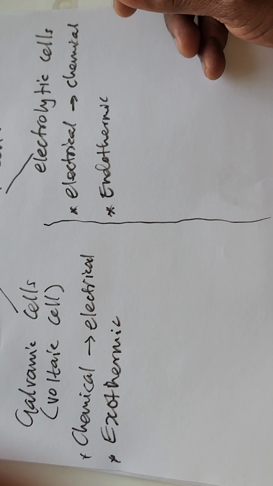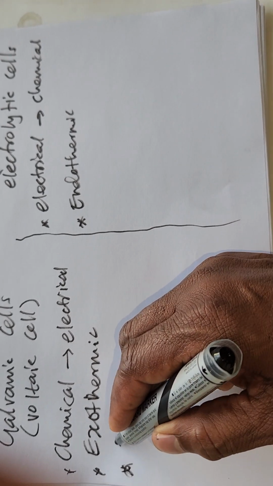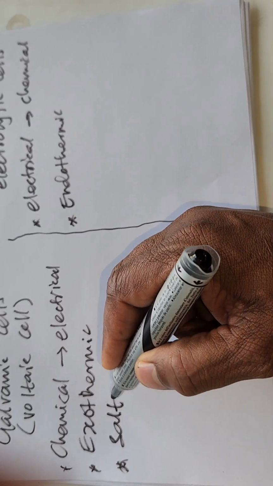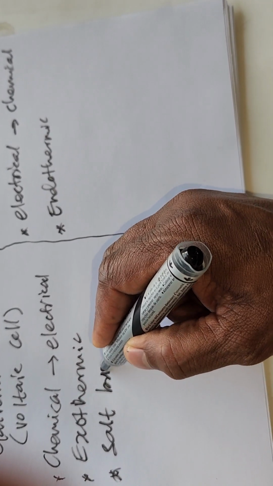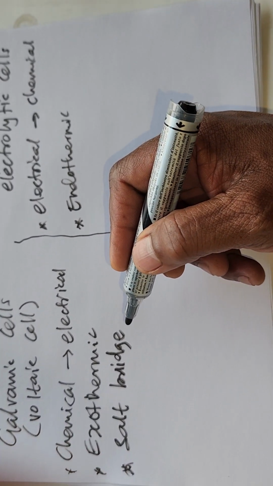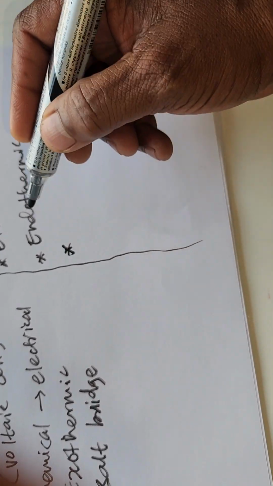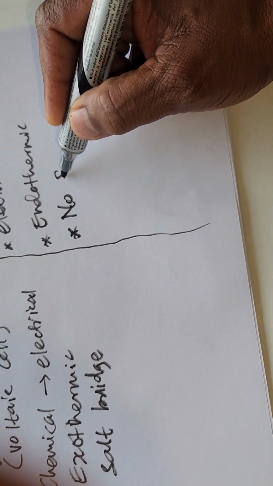Now, the other difference between the two is that in the galvanic cell, we have got a salt bridge, which leads to the type of reaction being classified as indirect electron transfer, whereas this one there's no salt bridge.